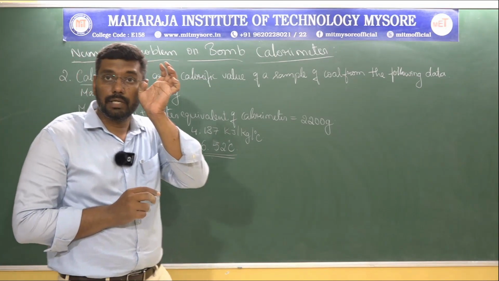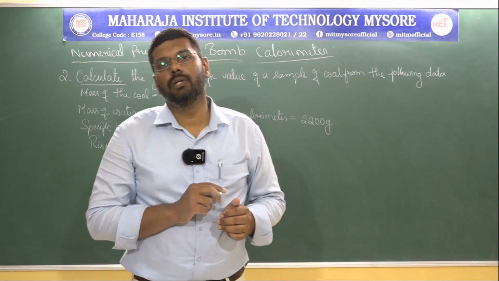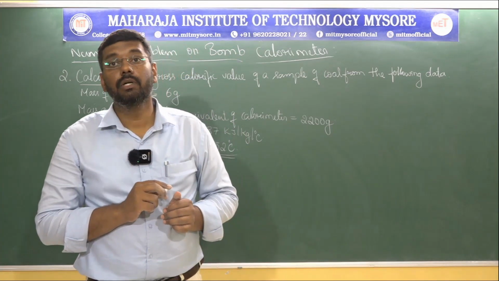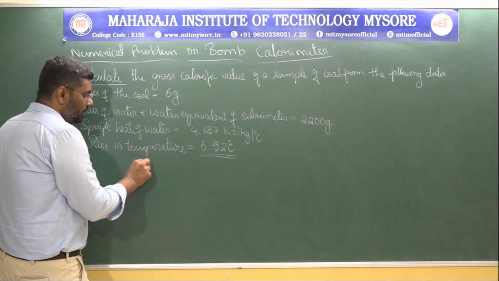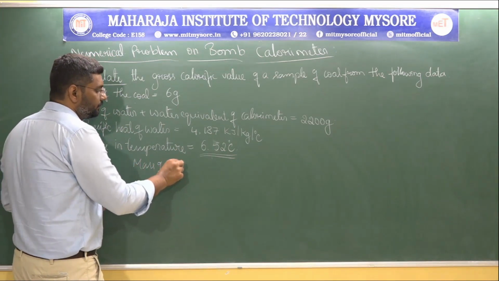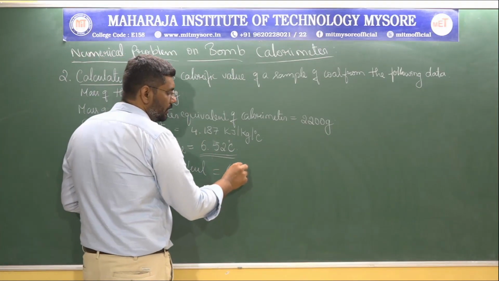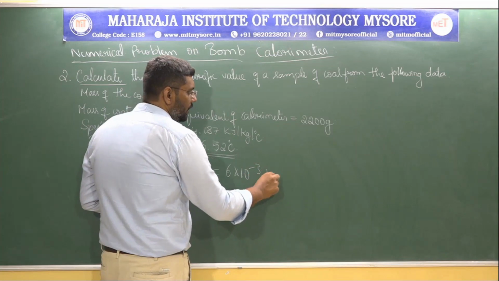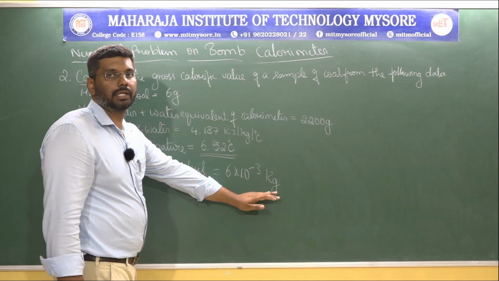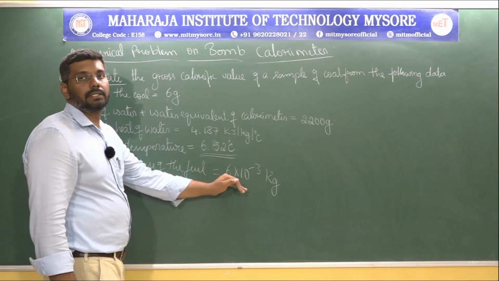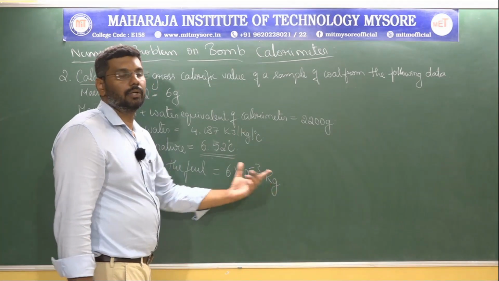We know that when you multiply grams by 10 raised to minus 3, it gives kilograms. So the mass of the fuel, which is given as 6 grams, is 6 into 10 raised to minus 3 kg. We are converting grams into kilograms by multiplying by 10 raised to minus 3.